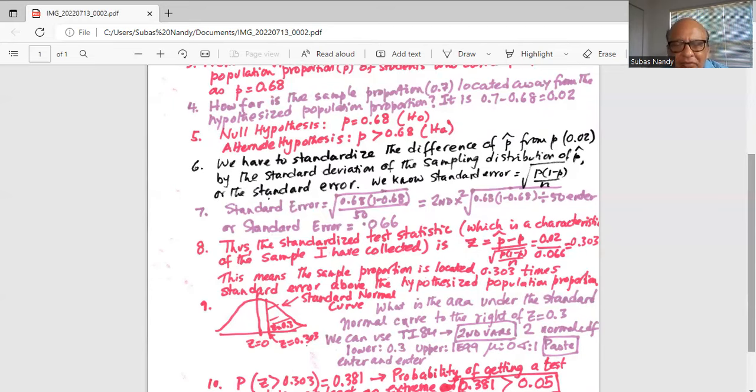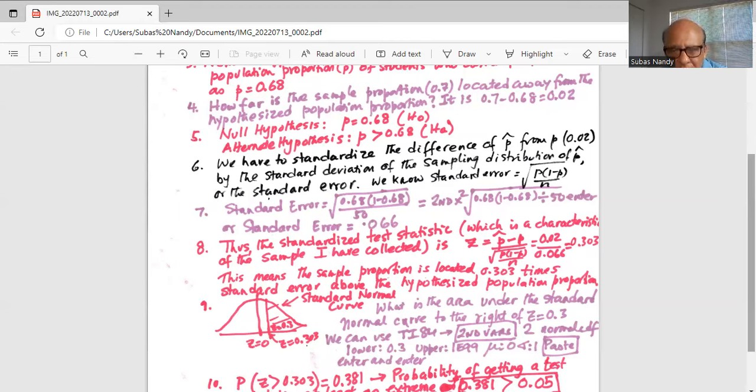We press second and then vars and select number 2, which is normalcdf. My lower is 0.303. As I'm starting from there, my upper is 1E99, that is 1 exponent 99, 1 followed by 99 zeros.